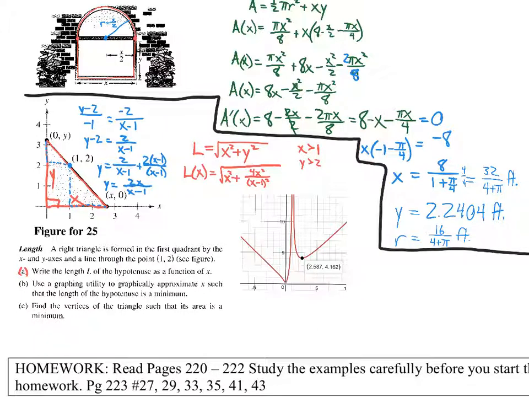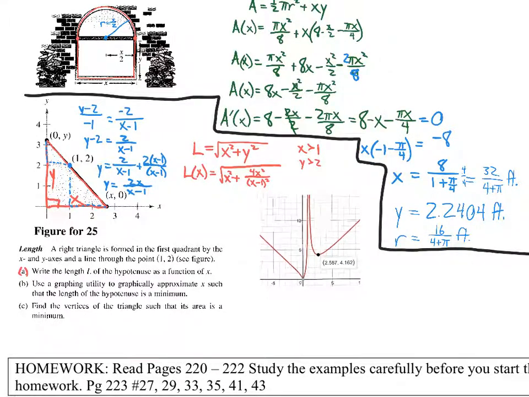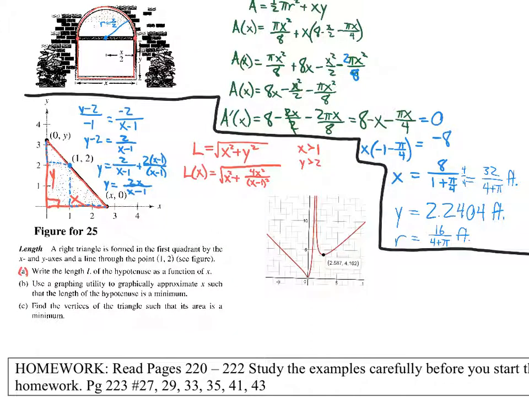Now you can see here, this is kind of a wild looking function, but I've been able to find the minimum value here when x is 2.587. Okay, so that's going to give us the minimum length of the hypotenuse when x is 2.587, which is, as you can see, about what it's drawn as.